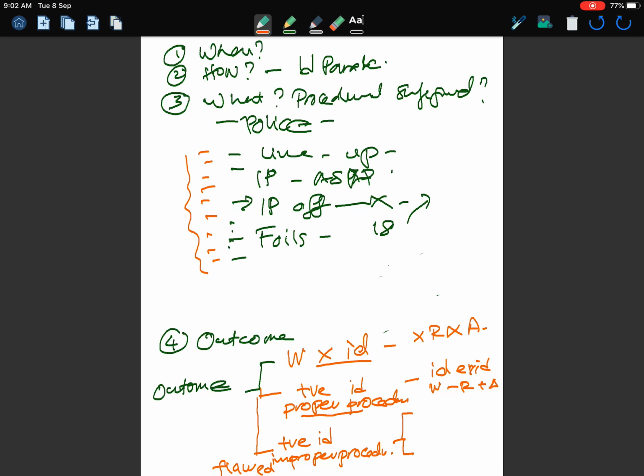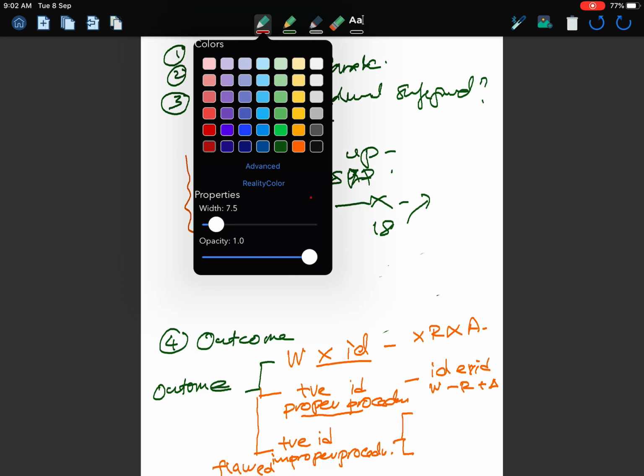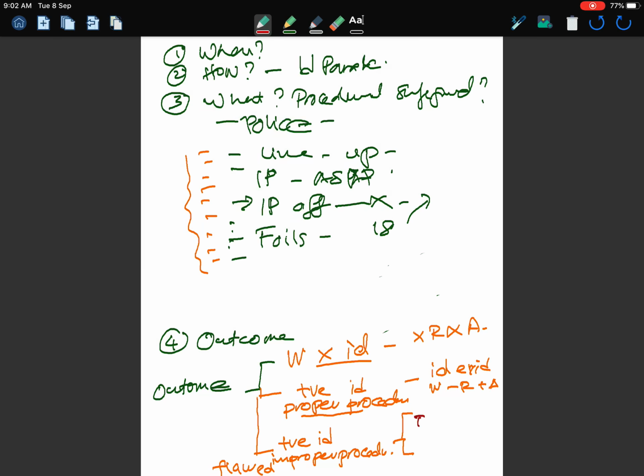So, there was a positive identification, but improper or flawed procedure. In this note, you may have two possible outcomes. However, the two possible outcomes here are a result of you looking at it from the case of Tirumalai Kuma. So, the case that you have to bear in mind will be the case of Tirumalai Kuma.